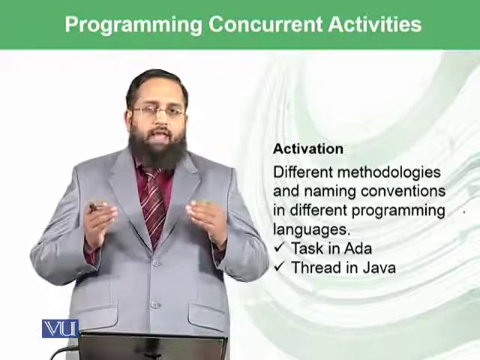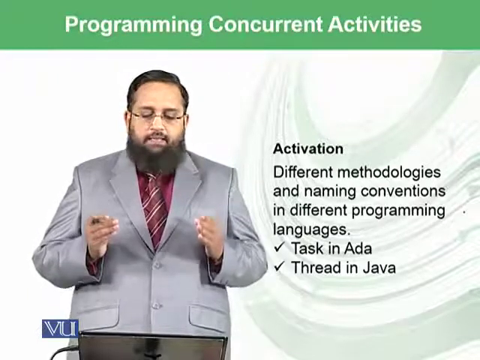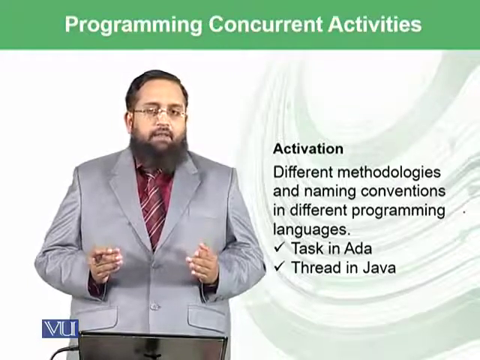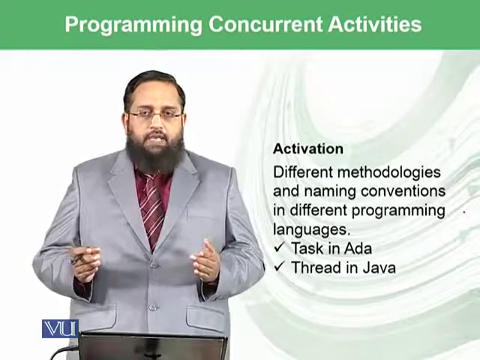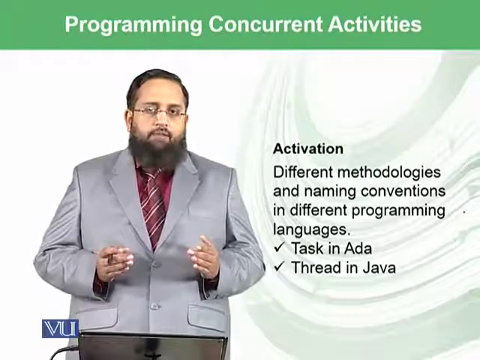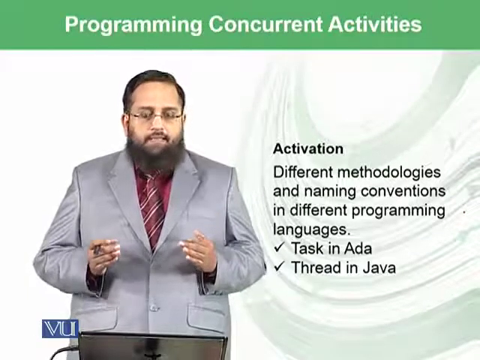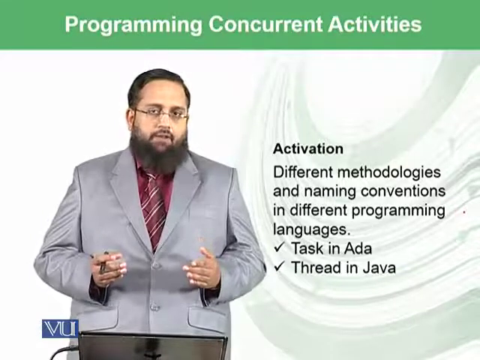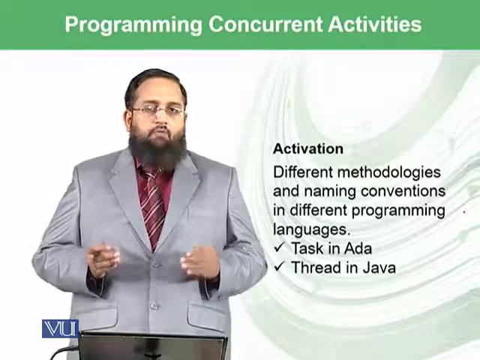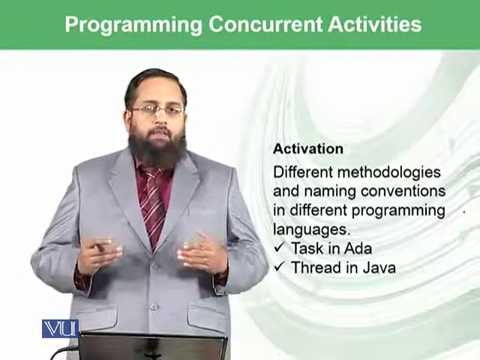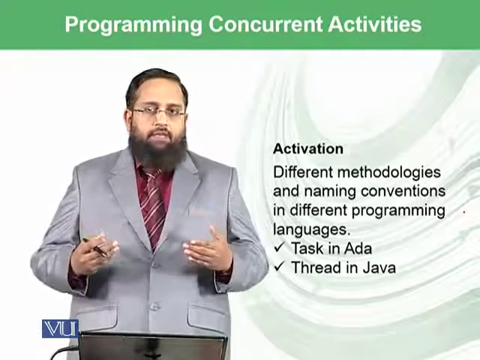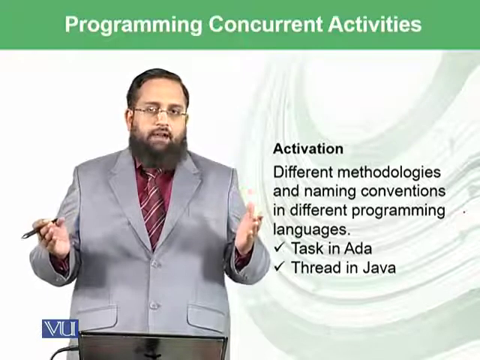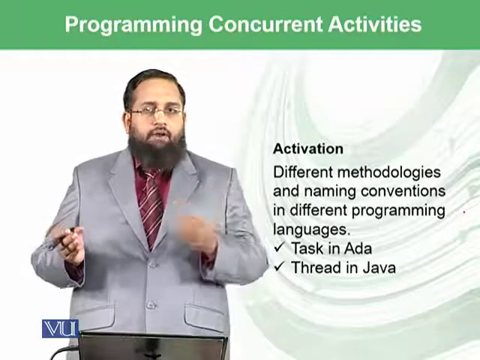The activations are basically the different methodologies, and different naming conventions are available in different programming languages. In some of the programming languages it is called a task, like in the Ada language, and in Java it is called a thread. So for executing concurrent activities in Java you need to make many different threads belonging to the one task.